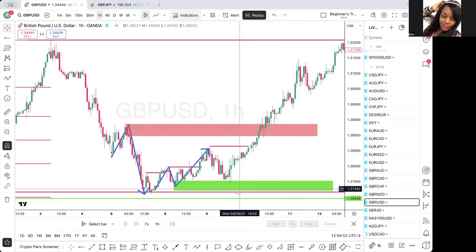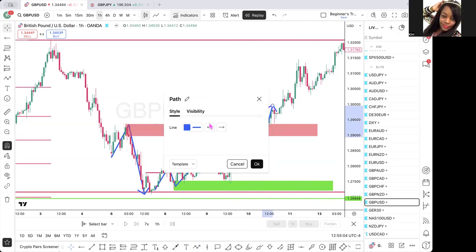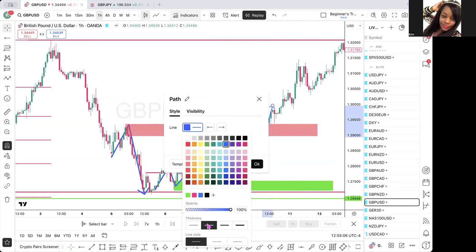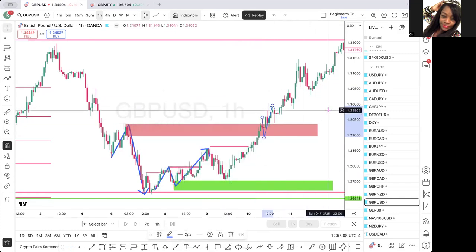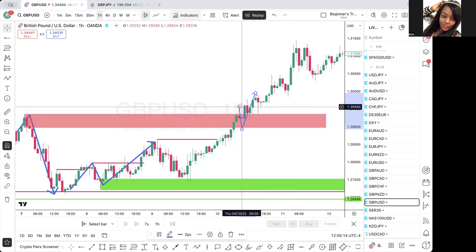So what I mean by that is, let me make this a little thinner. We had this pullback and then this push up, and then actually price broke structure here.